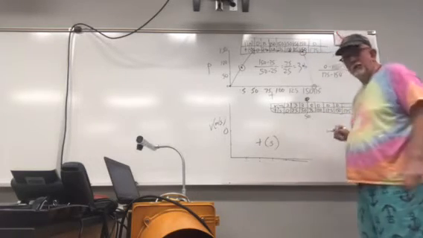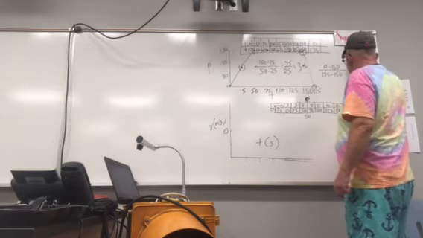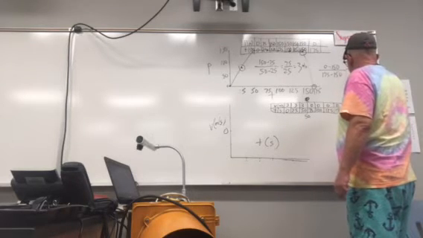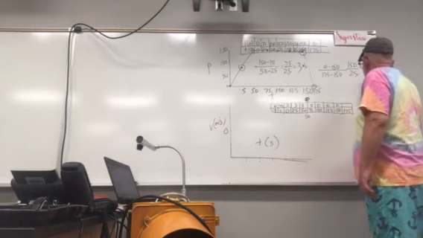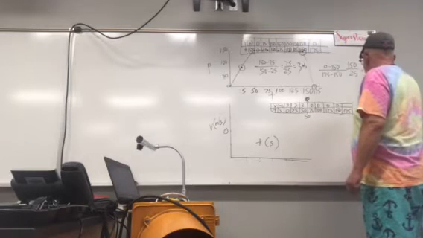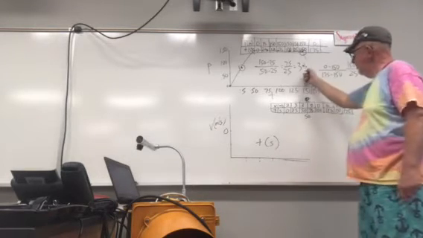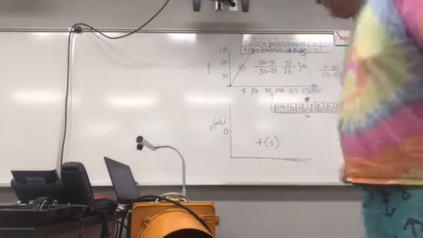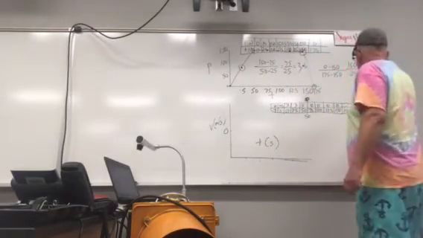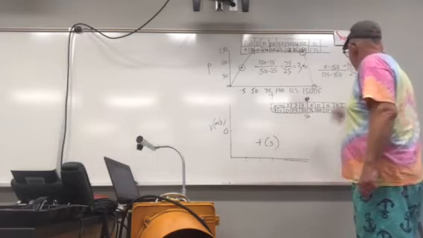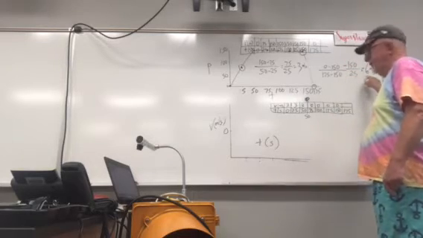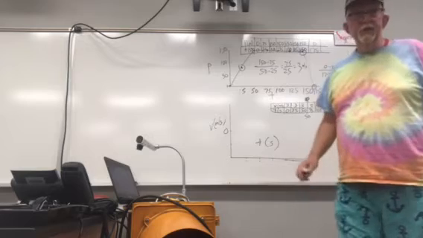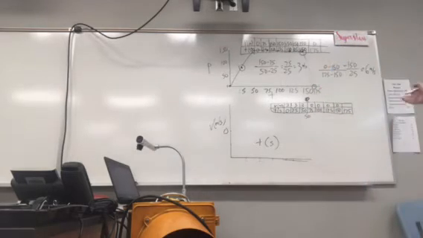So my speed is 150 over 25, which should be 6 meters per second, which is easy to see. It's twice the speed or velocity of that, and this is a negative because I am returning. Negative 150 over 25 is a negative 6 meters per second, as you can see.